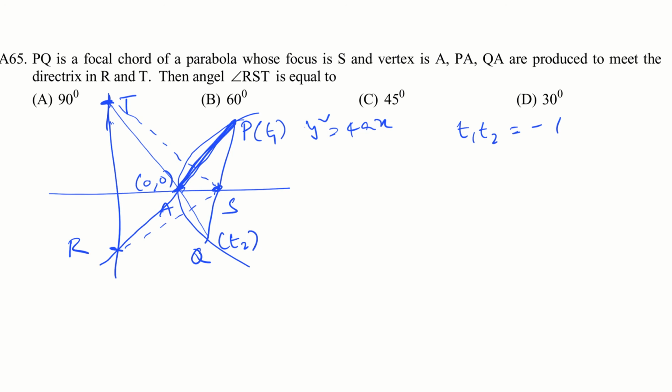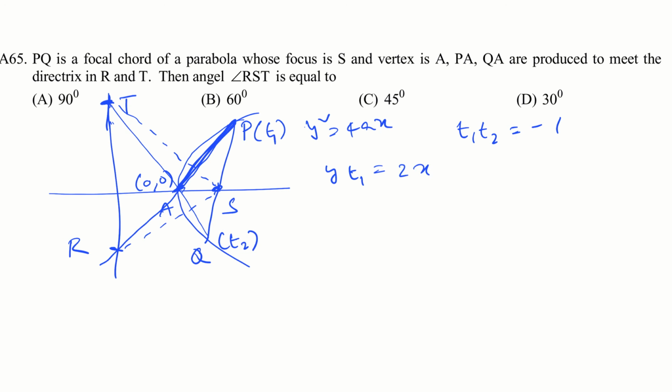The equation is y(t1+t2) = 2x + 2a t1 t2. Here t2 is 0, so this is what I am getting.